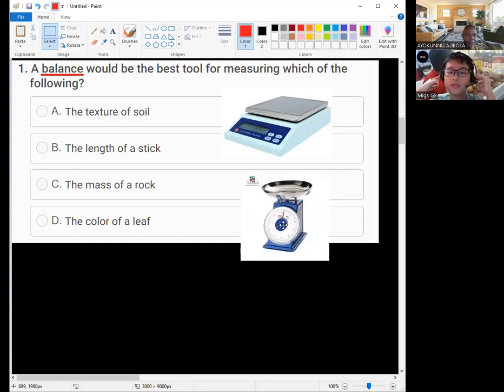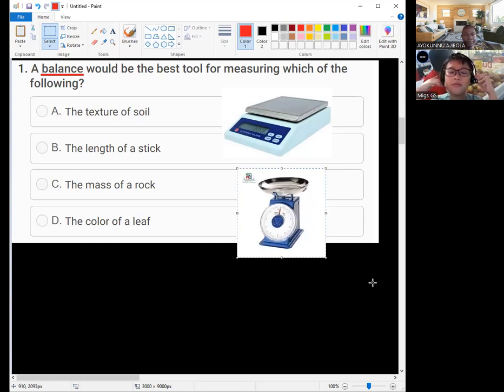Okay, very good. So what do they use it for? For weighing. That's correct, like weighing fruits. How much does a banana weigh? Very good.